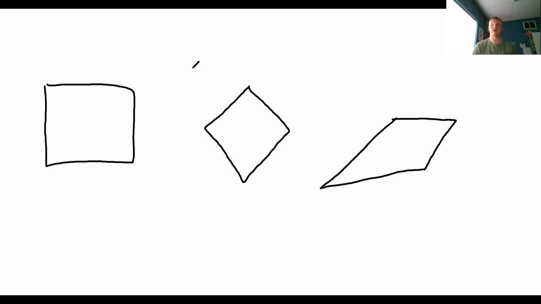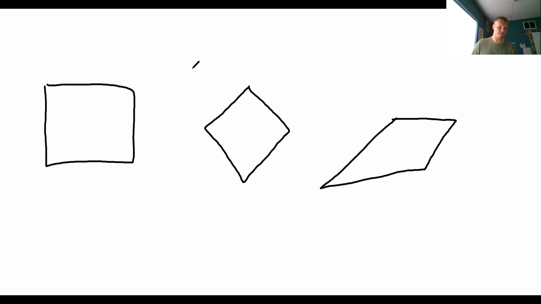That is also a quadrilateral because it has 4 sides.